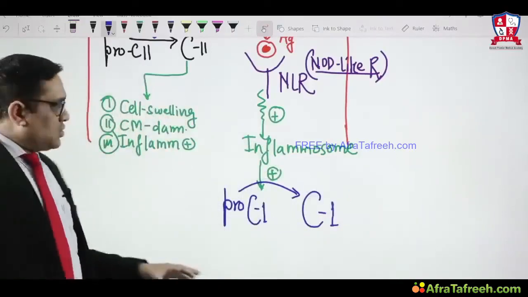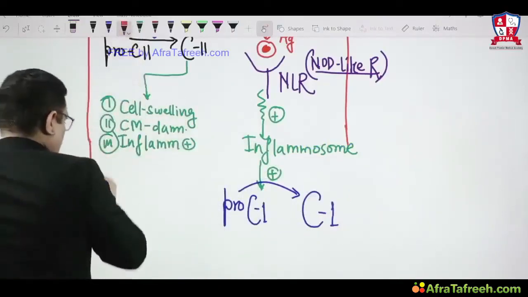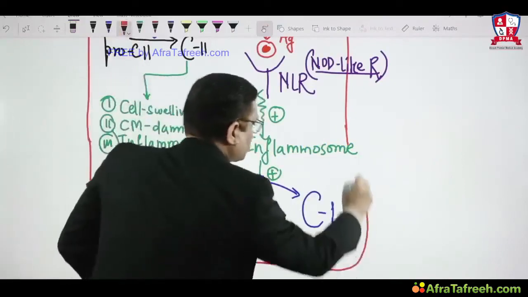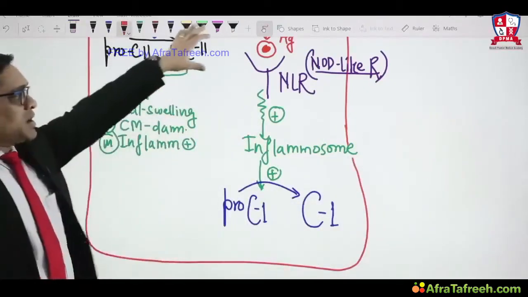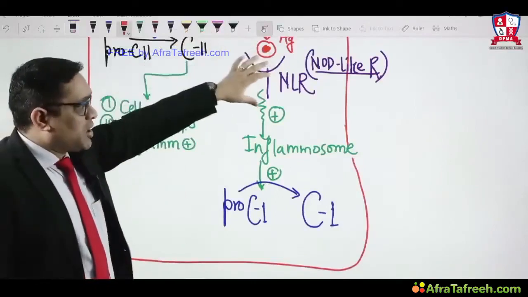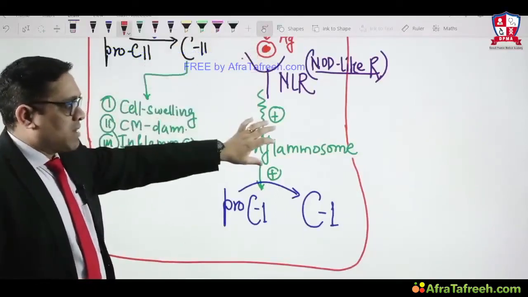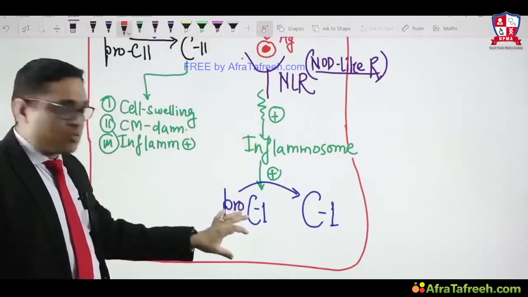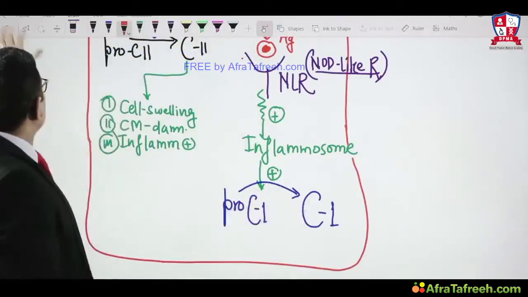So when antigen comes into the cytoplasm, it combines with the Nod-like receptor, which activates the inflammasome, and the inflammasome activates procaspase 1 into caspase 1.